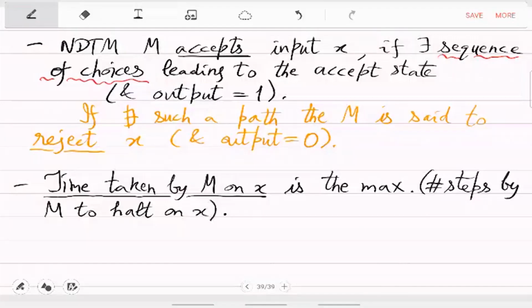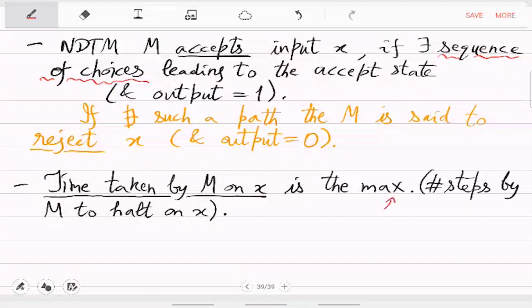That defines the time complexity of an NDTM. So this maximum is over, oh, this is not just accepting paths, sorry, these are all paths. So how much time will it take to halt?